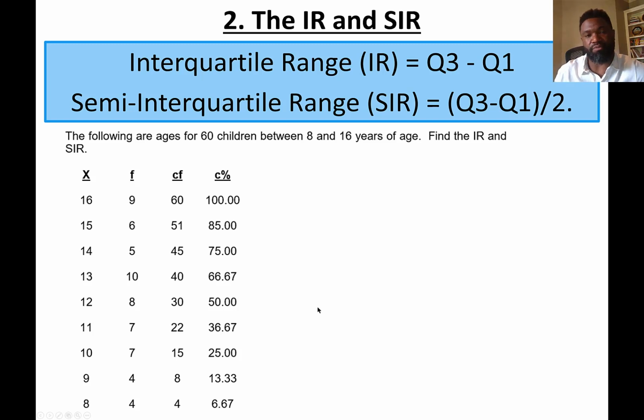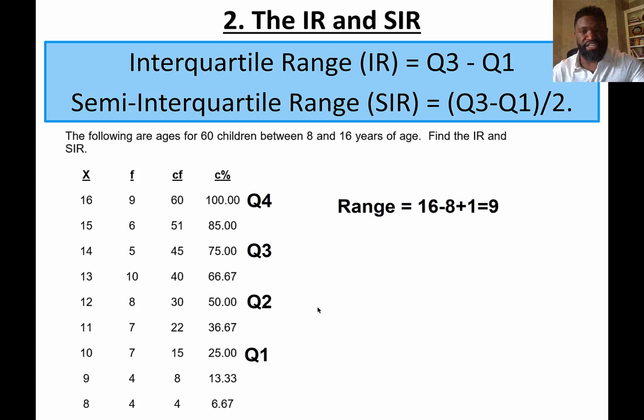Okay, so Q1 is right there, so Q1 is the 25th percentile, and that's a score of basically 10.5. Q2 is at the 50th percentile, Q3 is at the 75th percentile, and finally Q4 is all the way up there. So if we're going to calculate the range, again, I said this earlier, the range would essentially be 16 minus 8 plus 1, right?